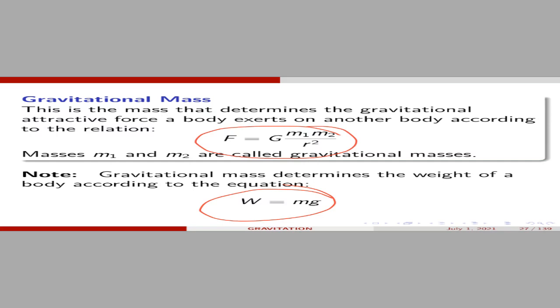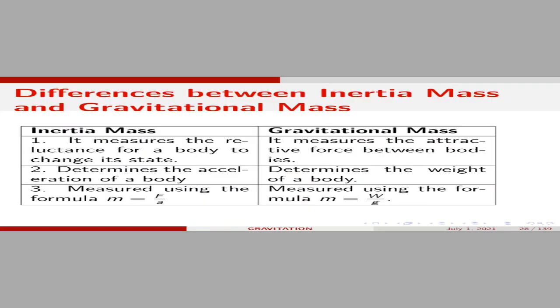Now let's look at the differences. Inertial mass measures the body's reluctance. We measure attractive force. Inertial mass is used to determine acceleration, and we need gravitational mass to determine the weight of a body.